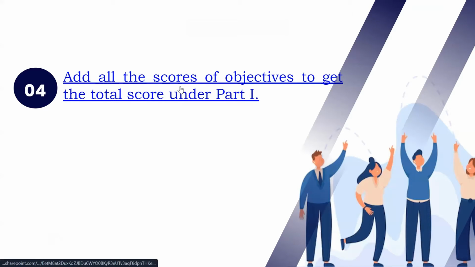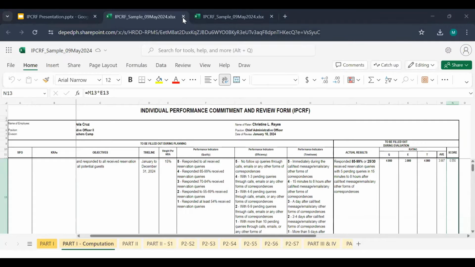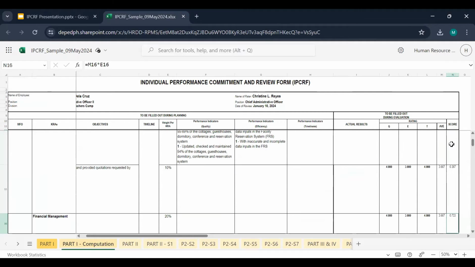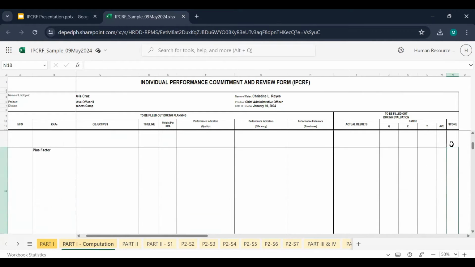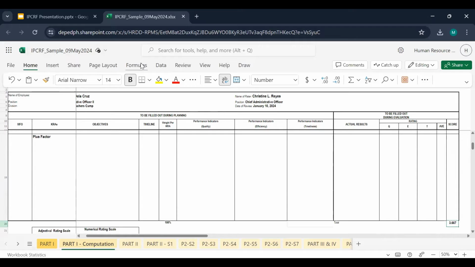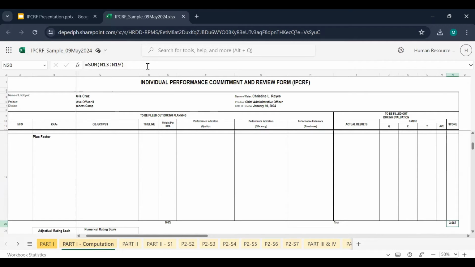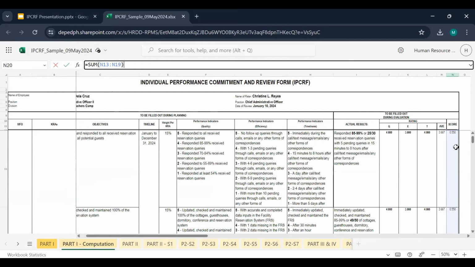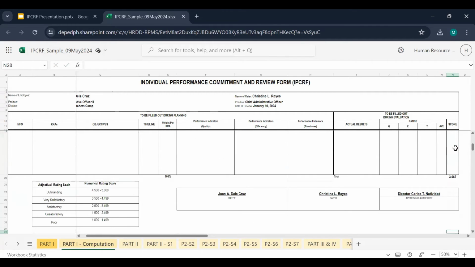So once you are done in getting the score per objective under each KRA, you may use the Excel formula equal sum, highlighting those scores under column M to get the total score under part 1. So under part 1, Mr. De La Cruz got 3.667.